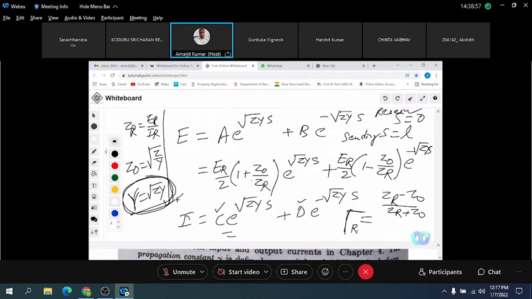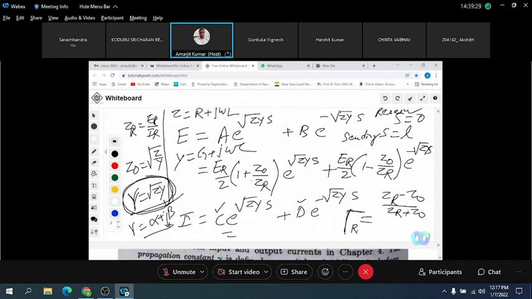Z is equal to R plus J omega L, and Y is equal to G plus J omega C. So gamma will be a complex number. Gamma becomes root of R plus J omega L into G plus J omega C.